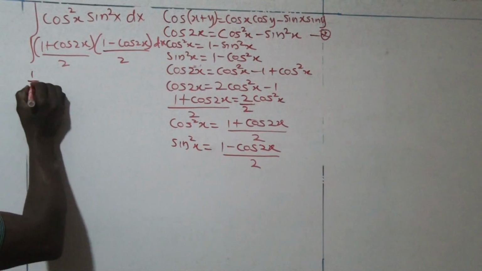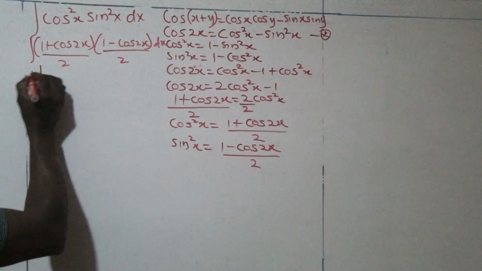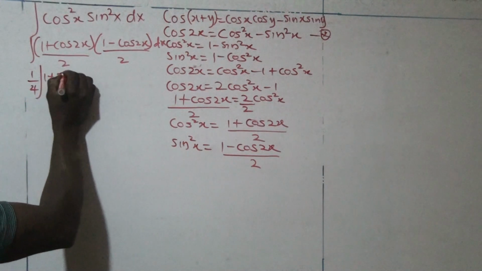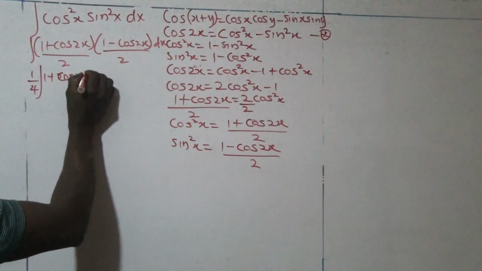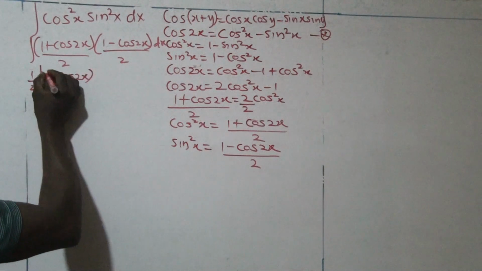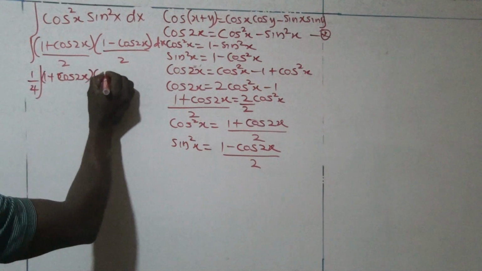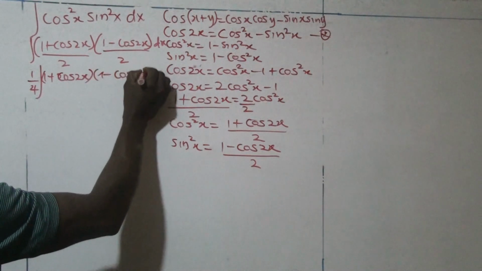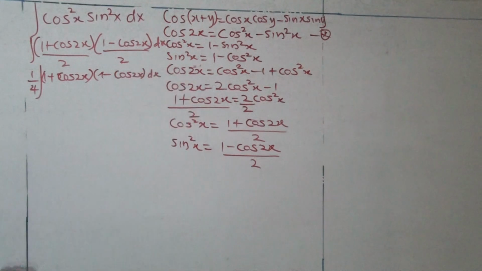This becomes 1 over 4 integral of (1 plus cos 2x) into (1 minus cos 2x) dx.